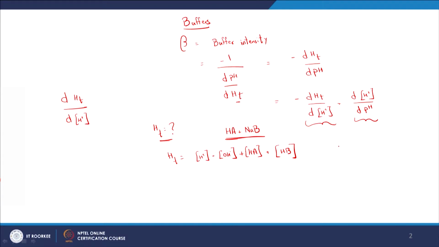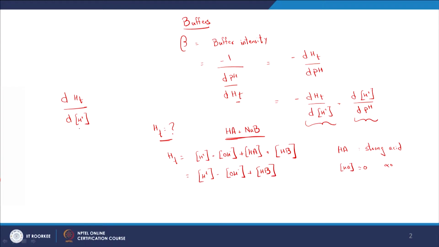Because HA is a strong acid, it will dissociate at almost all the pH ranges. So we can assume that the alpha naught for HA is going to be negligible, so we assume that it's 0. So H total is now going to be equal to the concentration of H plus minus the concentration of OH minus plus the protonated form of B, right?